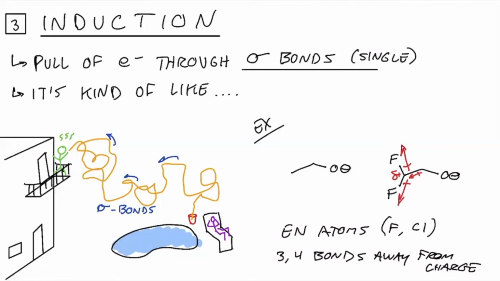If we count up how many bonds we have here, so there's the fluorine, we'll count from that one. There's 1, 2, 3 bonds. So we're well within the ability for those to inductively withdraw the electron density away from oxygen and toward themselves. So yet again, this version here is going to be the one that is more stable with the negative charge.